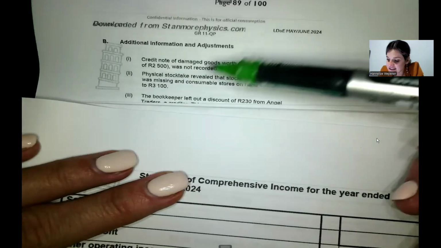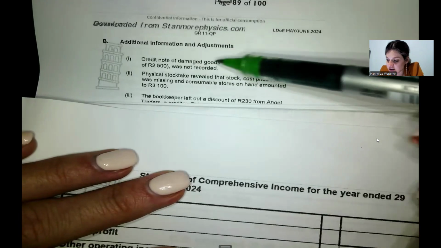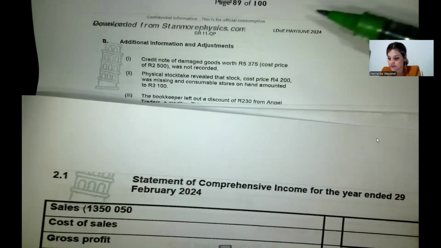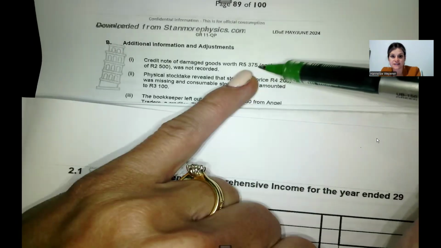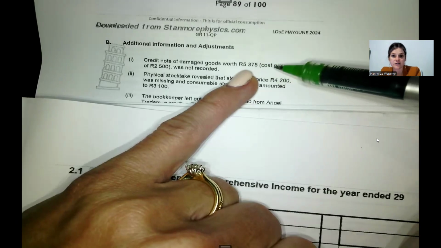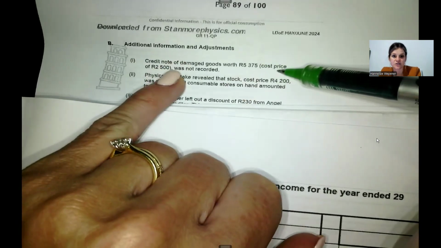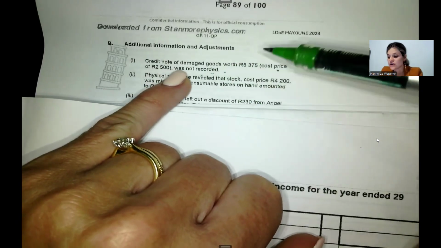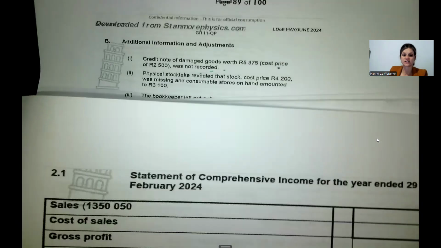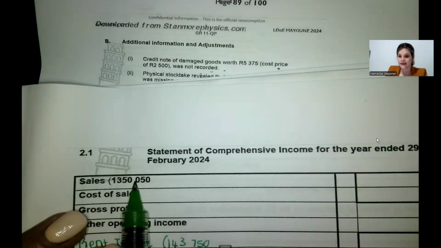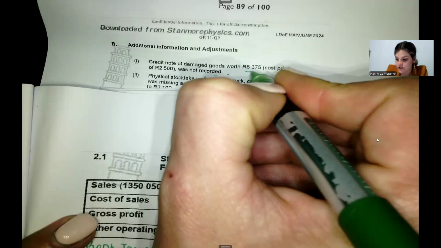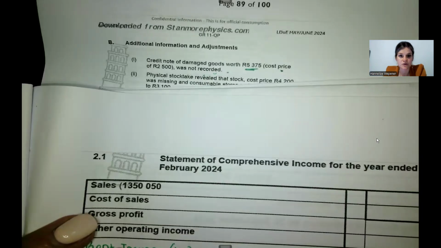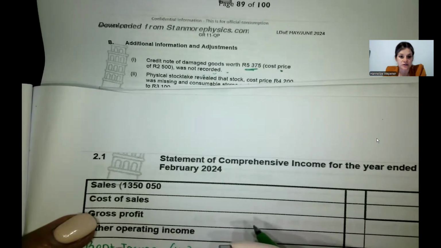Then it says that the credit note for damaged goods worth 5,375 at a cost of 2,500 was not recorded. In other words, you have included in your sales an amount of goods that was purchased from you, but then returned.